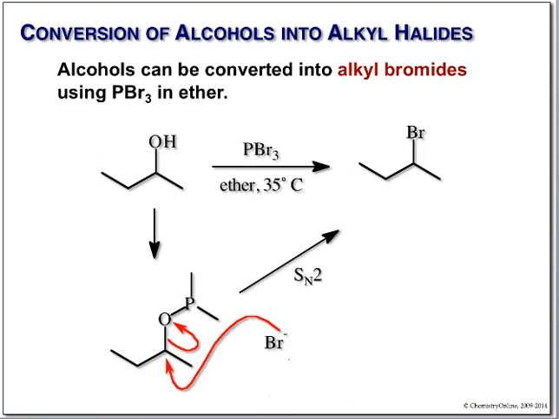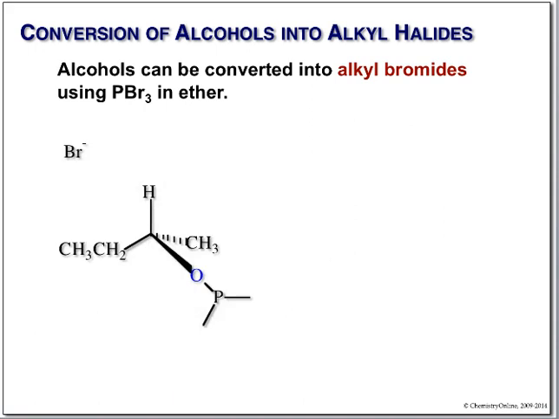Now think about this SN2 reaction. What do we know about SN2 reactions? We know that attack is backside, and that if we have stereochemistry, we get inversion. So let's pretend that we had this chiral alcohol that we reacted with PBr3. We would wind up with this chiral phosphite ester.